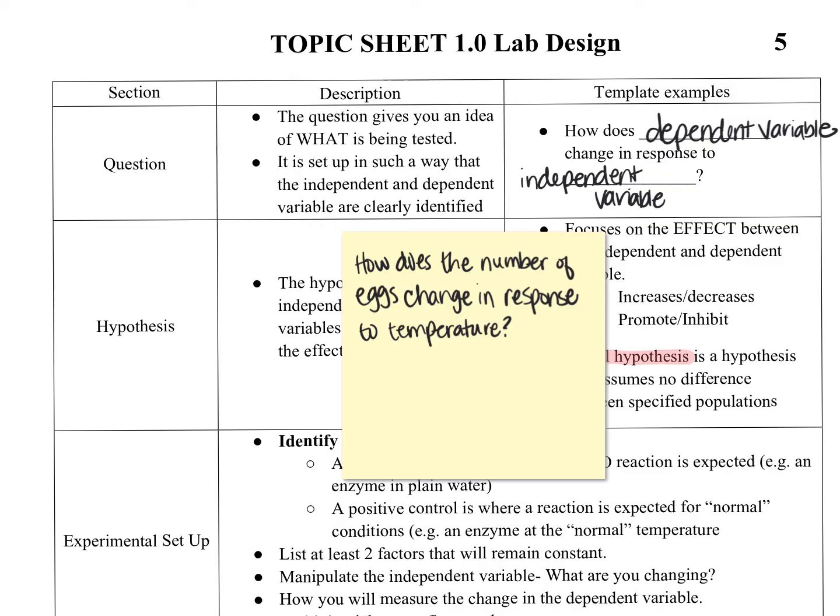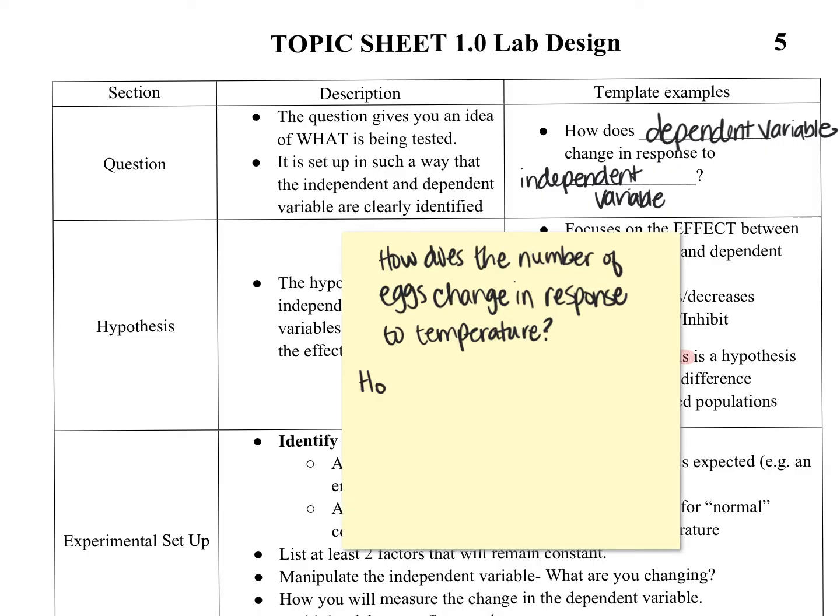So let's look back at our previous example with temperature and the number of eggs laid by a turtle. So if we were to make a null hypothesis, the way that we do that is we indicate by writing H subscript 0. This stands for the null hypothesis. So our null hypothesis is going to be that temperature does not affect the number of eggs laid by the turtle.